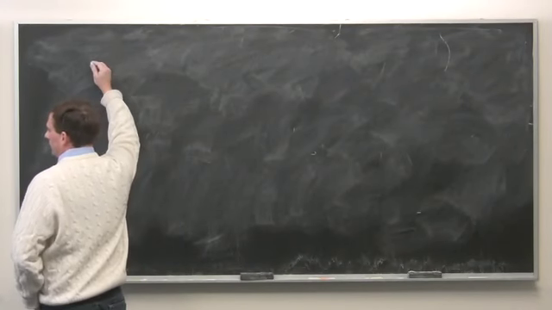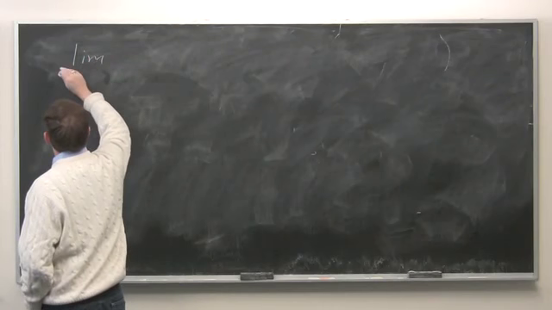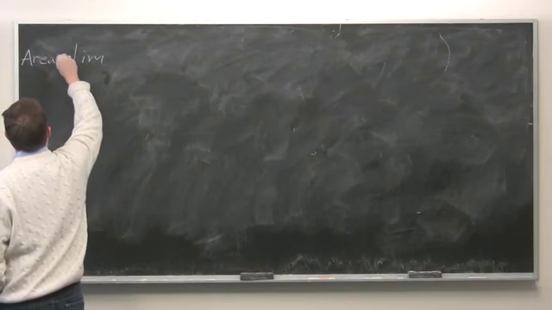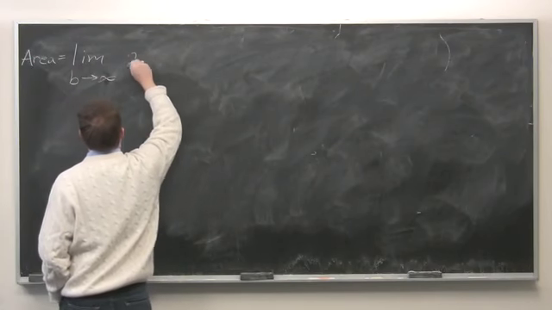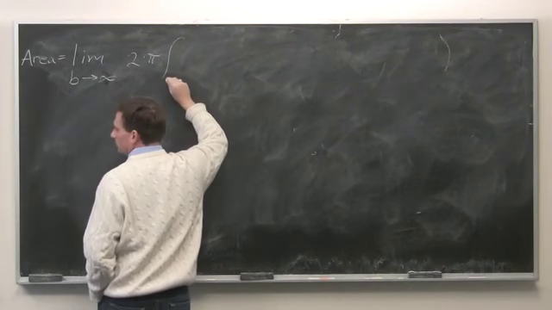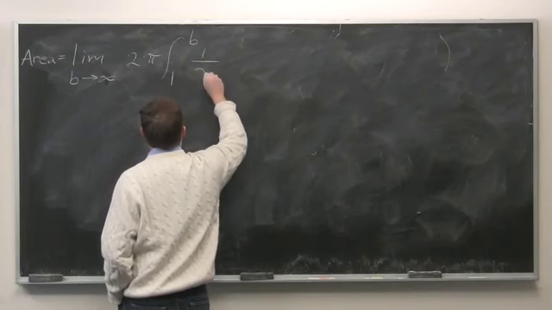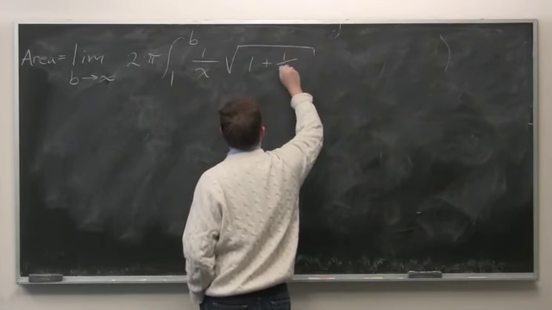So we need to take the limit as b approaches infinity, so this is the surface area, of 2 pi times the integral from 1 to b of 1 over x times the square root of 1 plus 1 over x to the 4th dx.